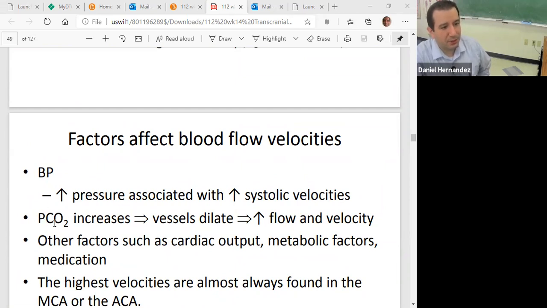Increasing concentrations of CO2 in the blood will dilate vessels and increase flow and velocities. So this is important when there's a stenosis or a blockage in one of the cerebral vessels. Doctors will actually do a treatment where they create hypoxia in the patients and try and increase CO2 levels in the blood as a means of dilating the vessels and increasing blood flow to stenotic lesions or ischemic sections of the brain. So increasing CO2 levels in the blood dilates the vessels, increases flow, as well as increasing velocities.